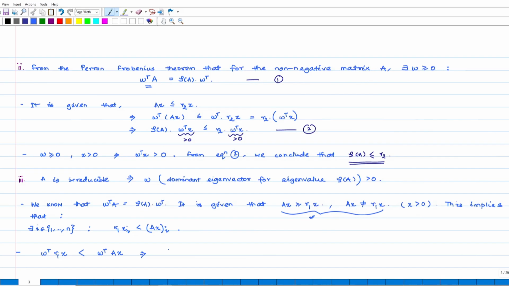What does this imply? We can rearrange the right-hand side a bit more. What is w transpose A? From the Perron-Frobenius theorem, which is equation 1 here, w transpose A is equal to rho of A times w transpose.